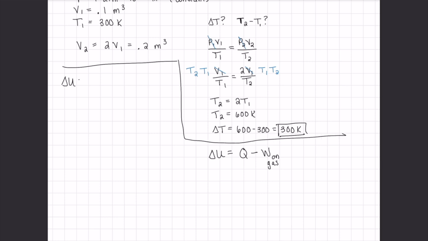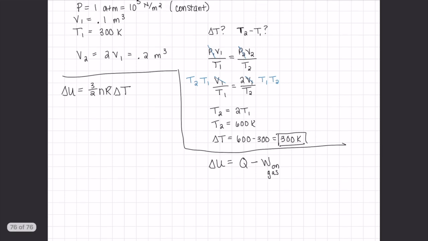So delta U is going to be 3/2 n R delta T. We have our delta T, but we don't have n. But we have our pressure, volume, and temperature at both times, so we could use either of them, but I'll just use the first ones. So P1 V1 equals nRT1.